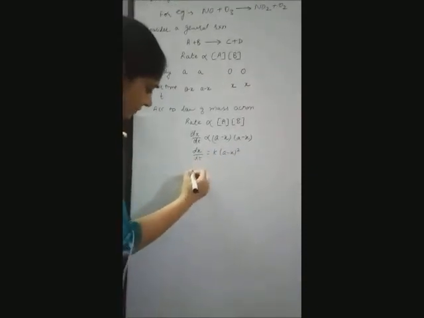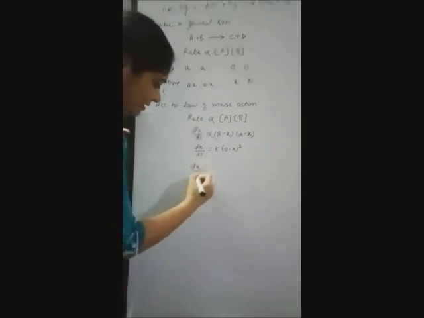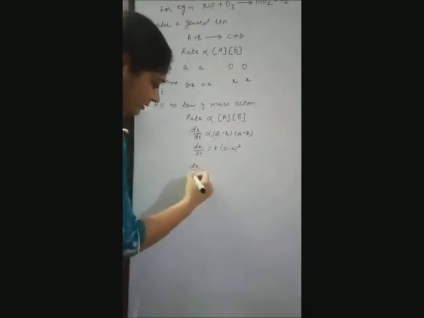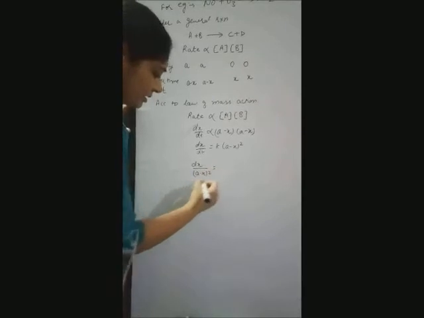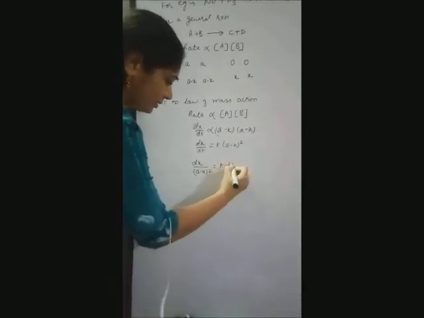Rearranging this equation, we get dx upon (A minus X) whole square is equal to K into dt.